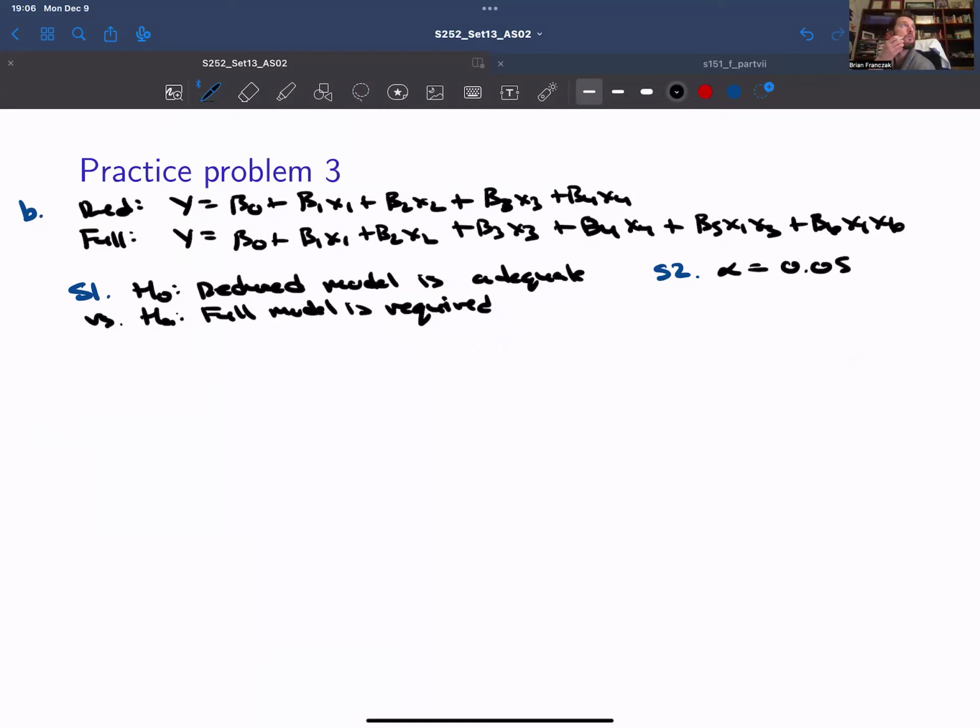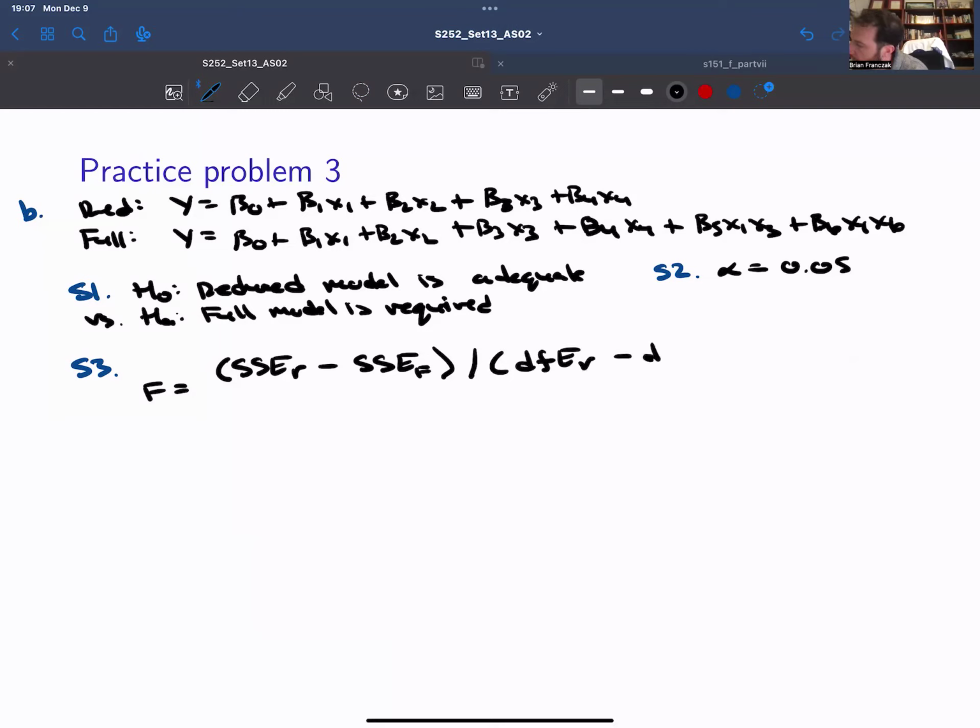Okay, and then we're going to test this at the 5% level. All right, so on step 3, the formula for our extra sum of squares F test is the SSE of the reduced model minus the SSE of the full model, divided by the degree of freedom error for the reduced model minus the degree of freedom error for the full model.